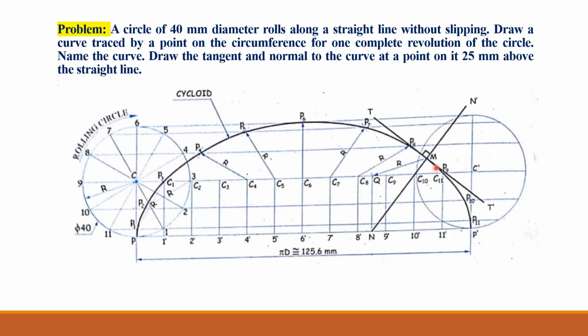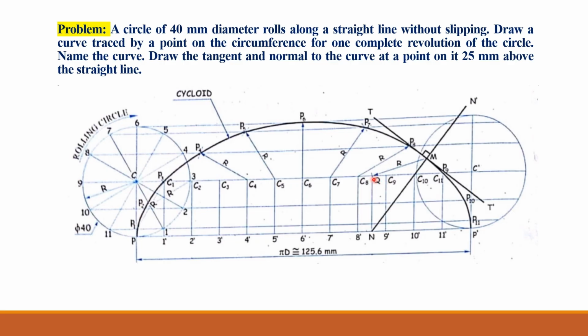Now put the sharp edge of this compass at point M and cut the horizontal line through the center of this rolling circle at Q. See here this arc is drawn from point M, cutting the horizontal line through the center of the rolling circle at point Q.